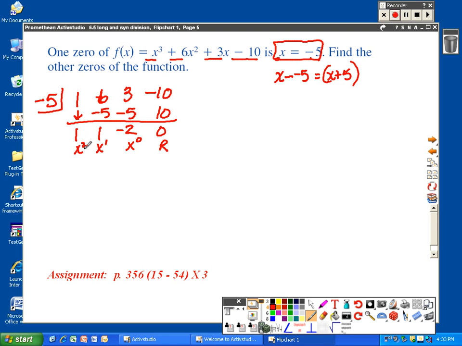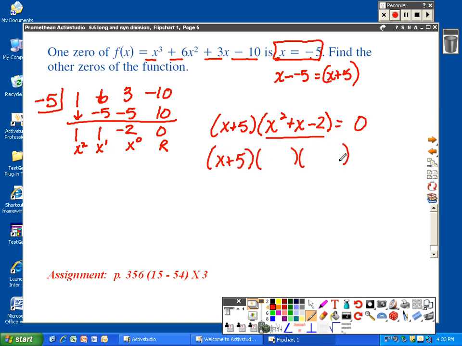So I have the first factor, x plus 5, times 1x squared plus 1x minus 2 equals 0. Can I factor this further? X squared would be x and x, the factors of 2 that differ by 1. 2 and 1, a positive 1.